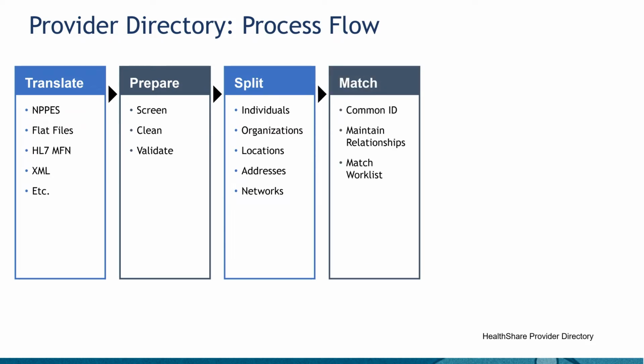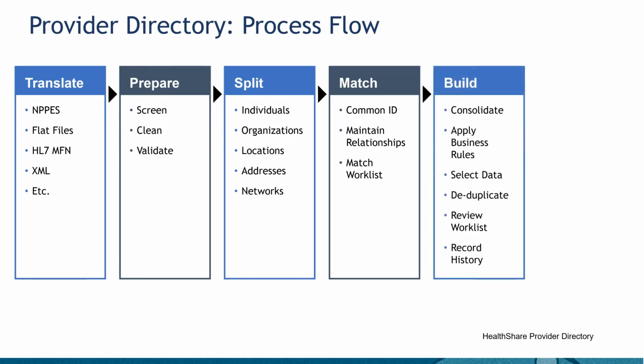Then we match those and assign a common enterprise ID. We also maintain the relationships and build a match work list. Once it's matched, we consolidate it, apply business rules, select the appropriate data, deduplicate, put it on a review work list, and build a record history.